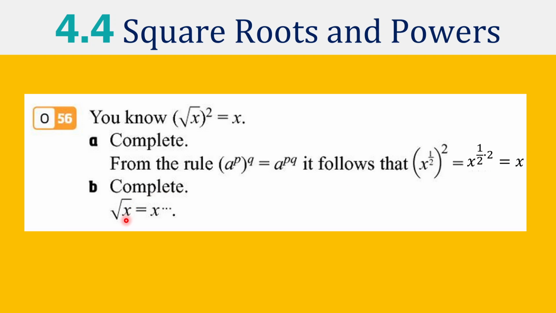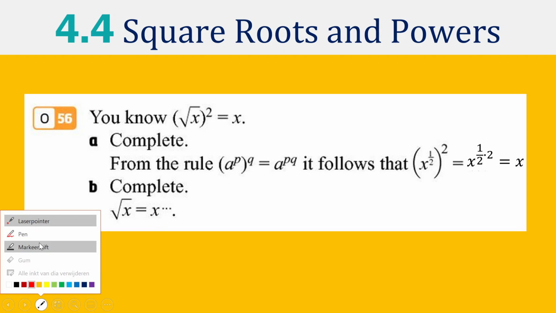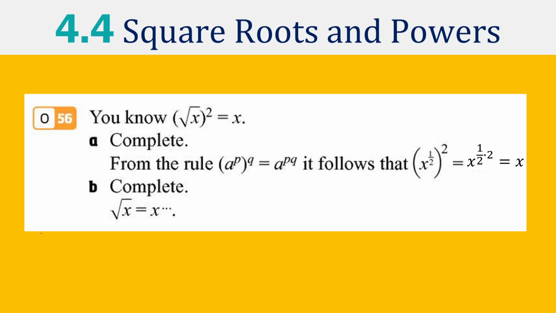Complete. Square root x equals x to the power of, well, just to show you, we already discussed that this is just x, right? And now I show you that this is also x.